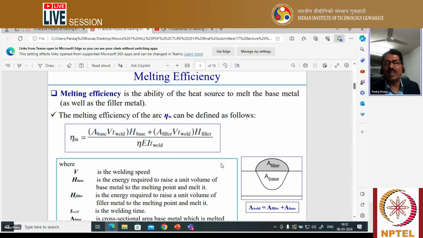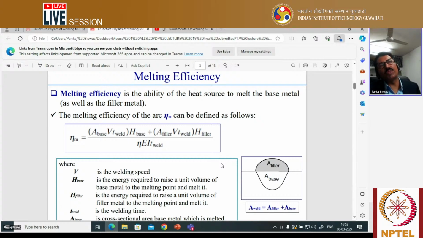What I am telling, understand? That extra heat is actually not required. That's why melting efficiency tells us: whatever heat is actually required to melt the material, divided by whatever heat you are supplying to, or getting into, the workpiece. Whatever heat you get into the workpiece is the output of the heat source efficiency.